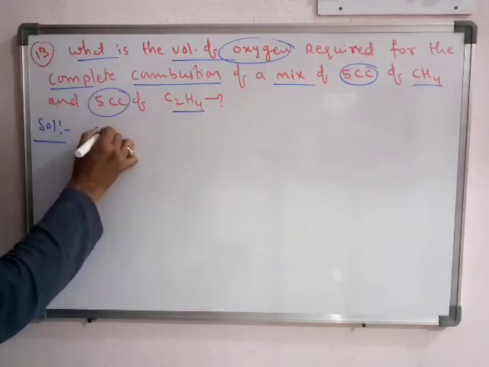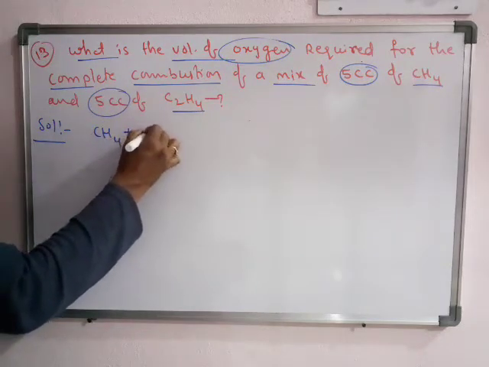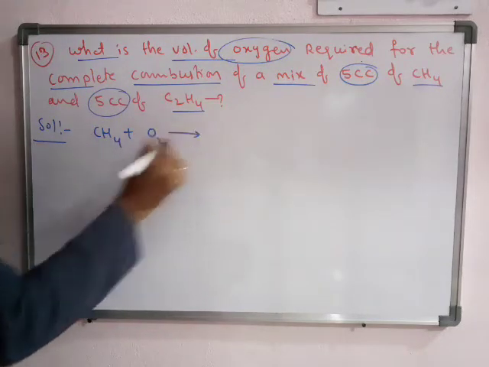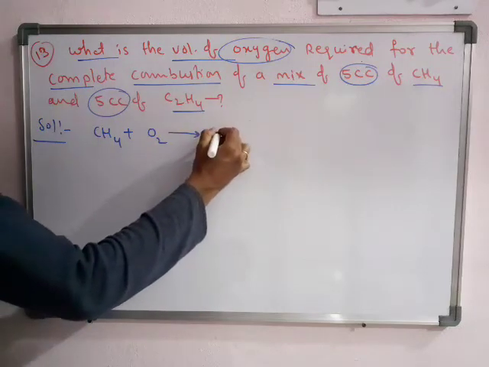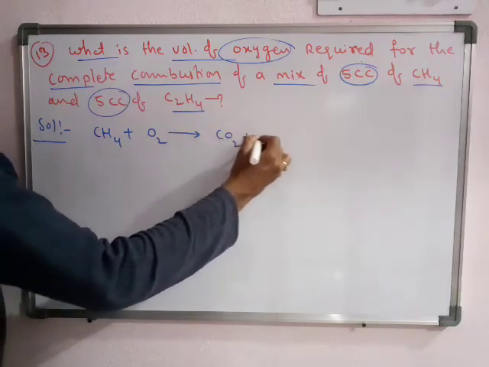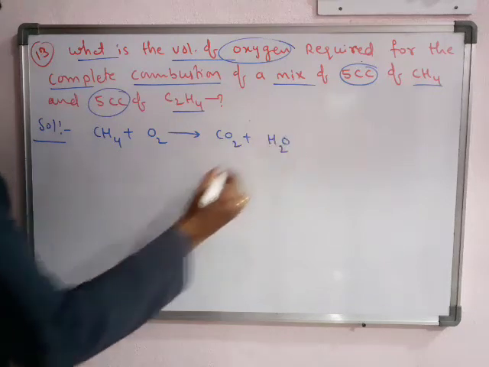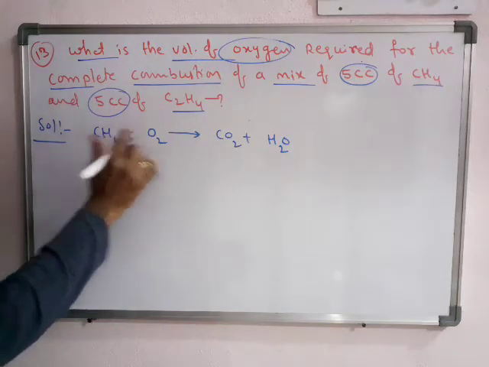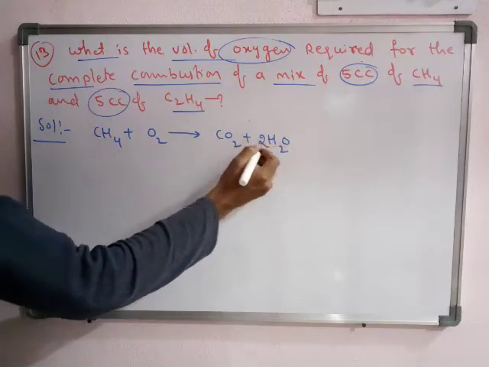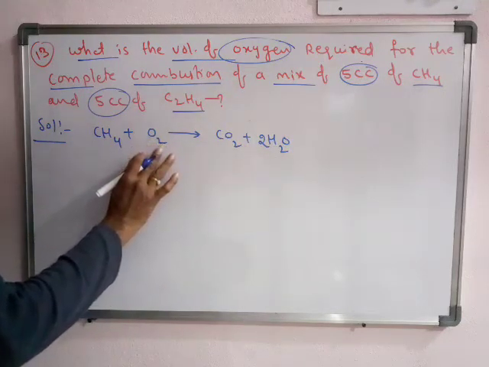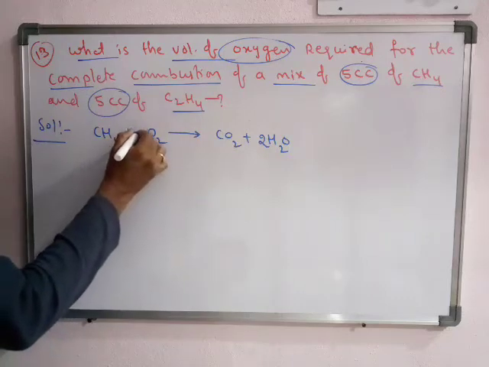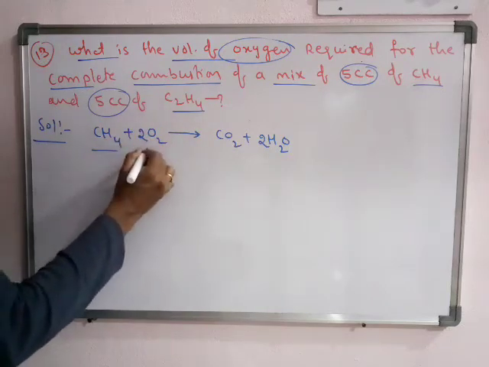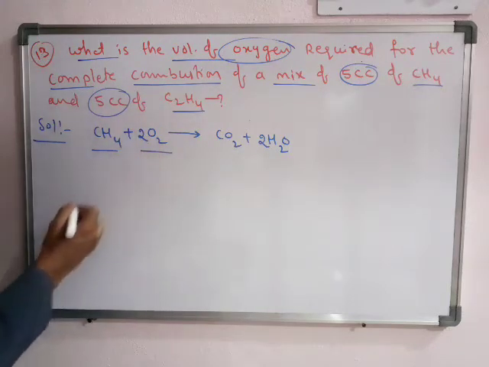So what is the reaction? The combustion reaction. All hydrocarbon combustion gives carbon dioxide and water only. First we see the methane: one carbon, four hydrogens. So 1 mole of methane requires 2 moles of oxygen.